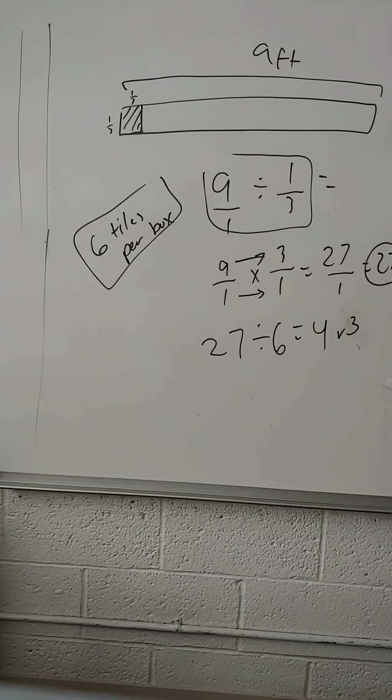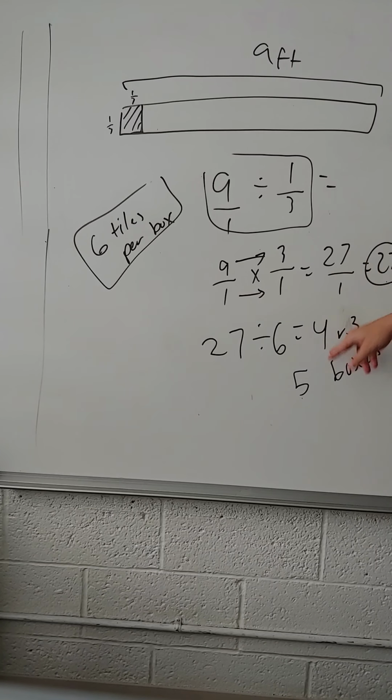So in this case, I would need 5 boxes, right? Because 4 boxes is going to give me 24. That's not enough. There's 3 left over, so I would be 3 short if I just bought 4 boxes. This is the tricky part of this question, and this is why they do these problems like this.